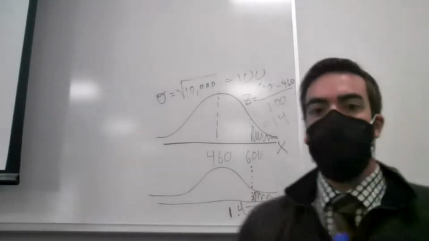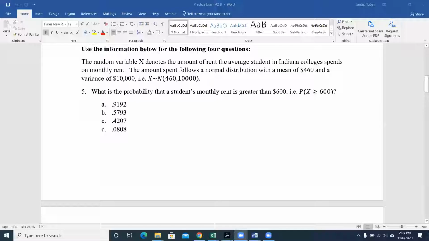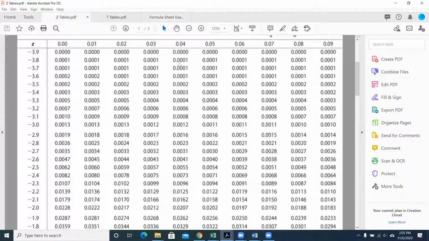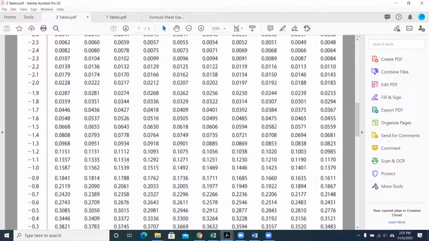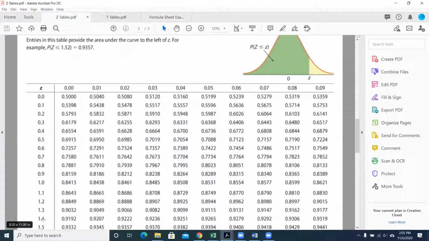I'll look that up on my standard normal z table. 1.40. The area to the left of it is 0.9192, right? So that's my answer, right?